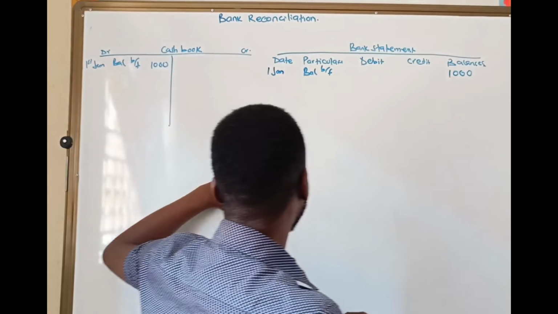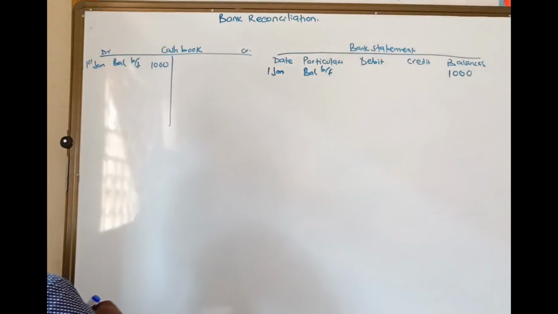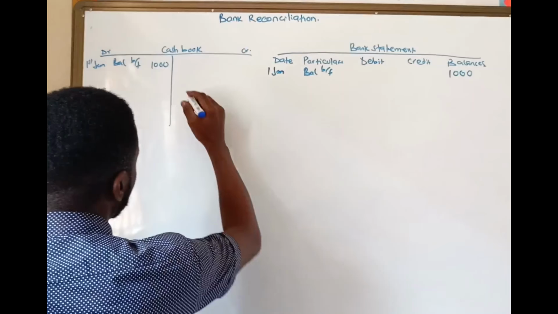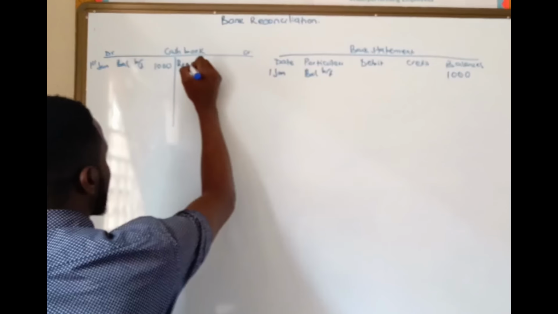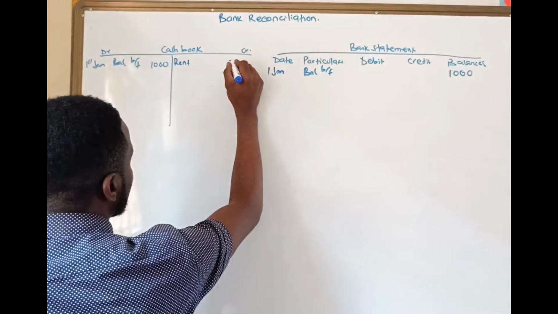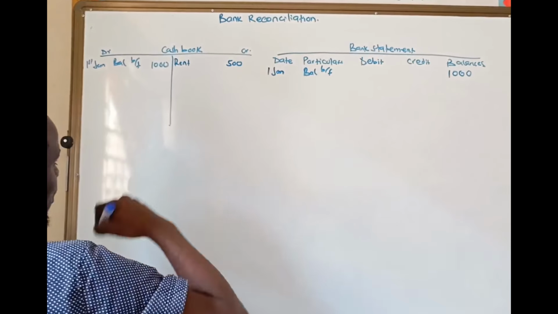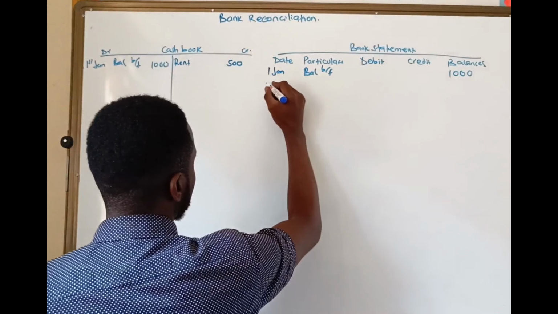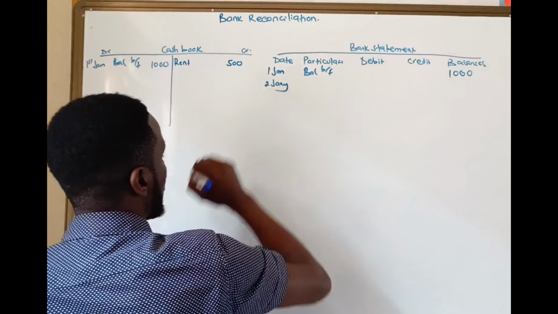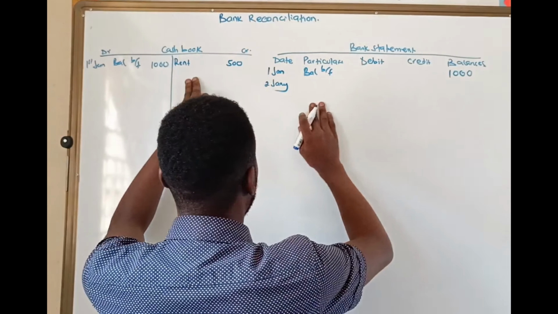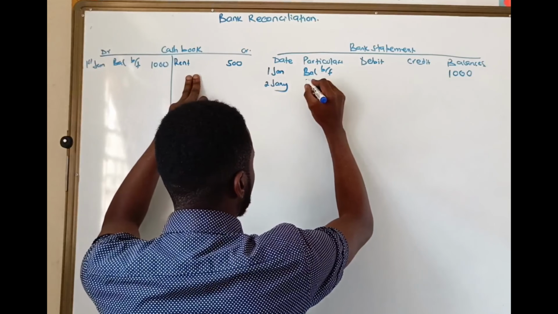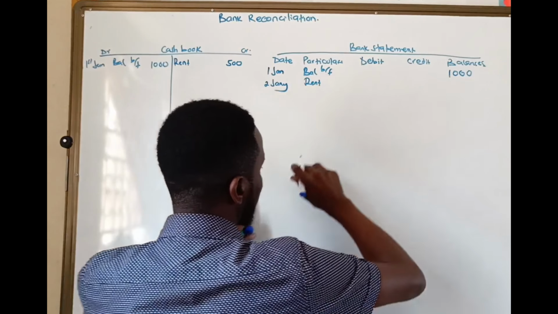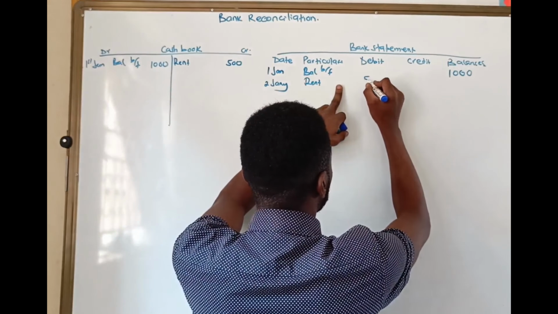Now, let me say we paid rent by check. So we paid rent by check worth 500. So you come here and say maybe on 2nd January, then you show this was for rent. Then the bank will debit you.